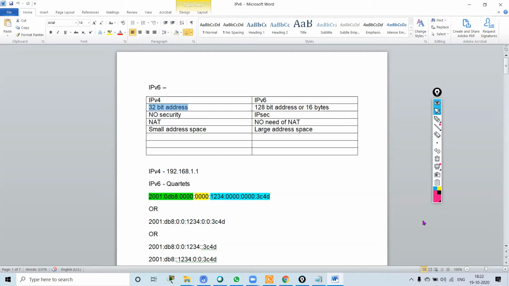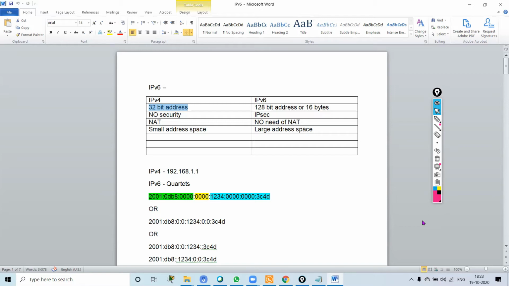Okay. So 32-bit is a very small address space as compared to IP version 6. IP version 6 is a 128-bit address, or you can say 16 bytes. Okay, what is an IP address? An IP address is a logical address given to each and every device in the network.